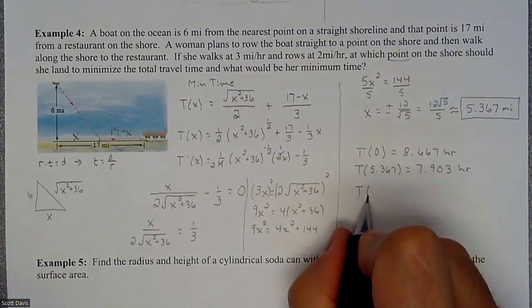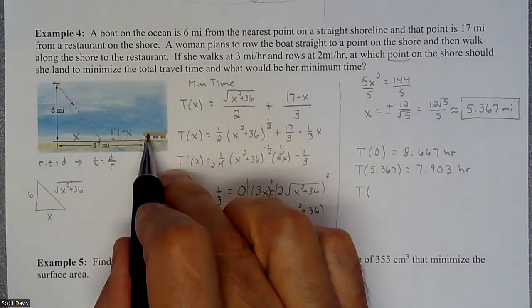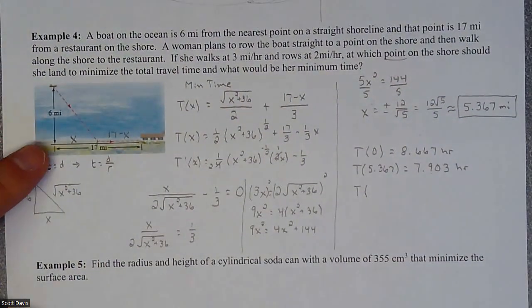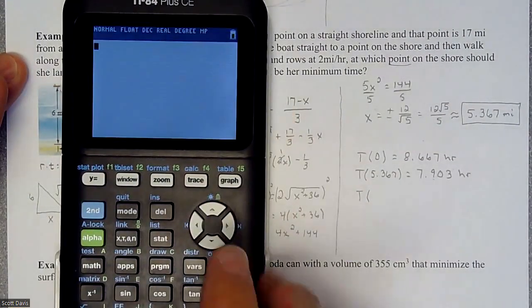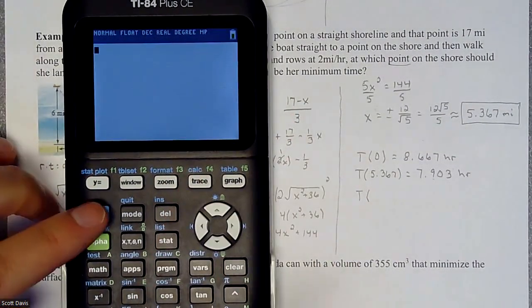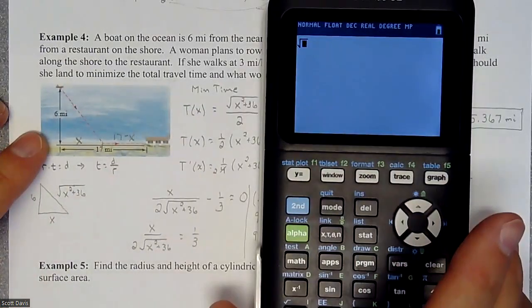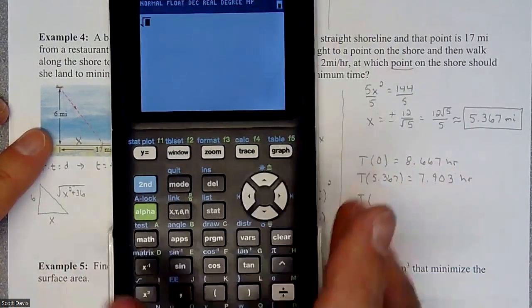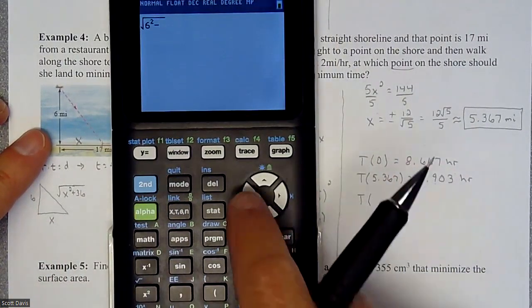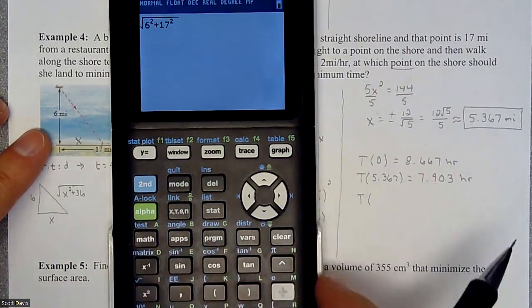And then if she went straight across and just rowed, we would do the Pythagorean theorem, 6 squared plus 17 squared, and square root it.